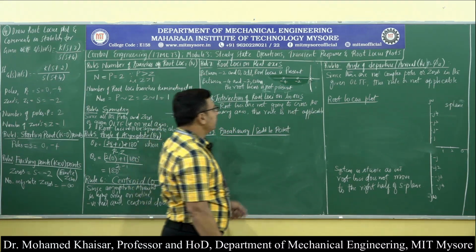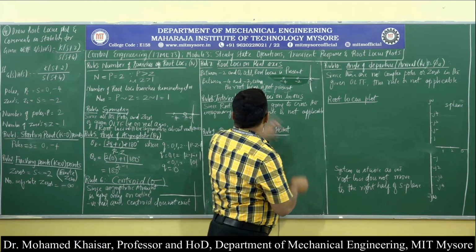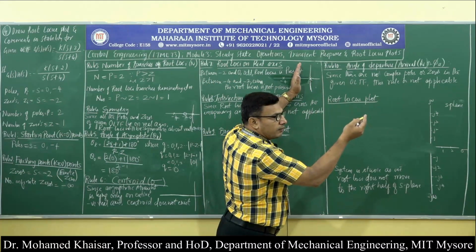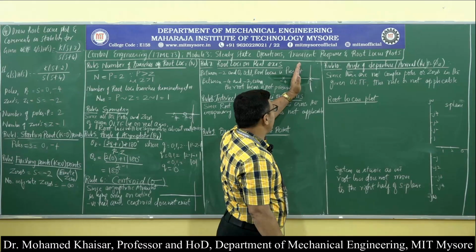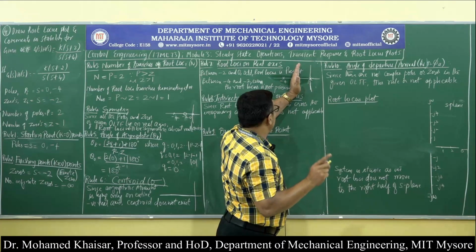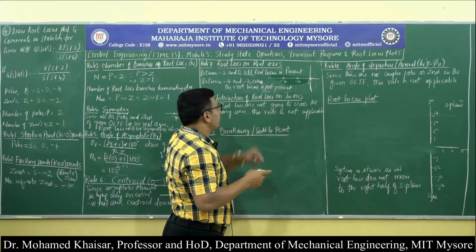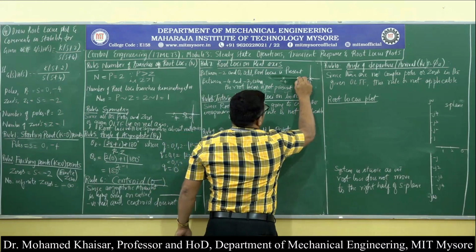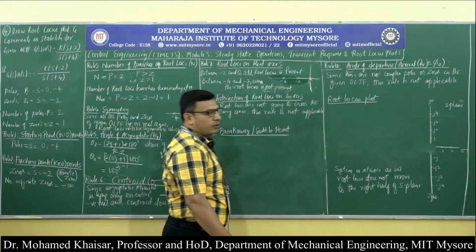If you observe over here, between minus 2 and 0, if we see the count, total number of poles or zeros towards the right hand side, it is going to be only 1. So the count is going to be odd. Root locus will be present between minus 2 and 0.